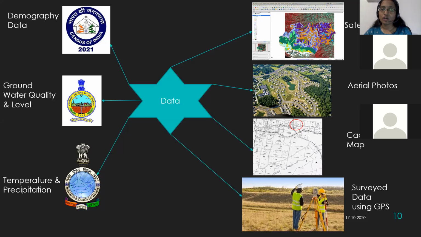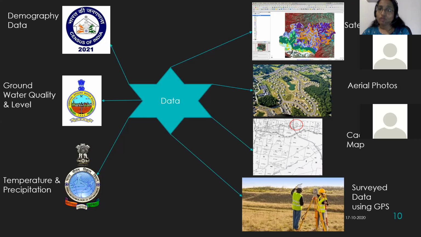If you are working with GCM models, you require a lot of data. On the other side, you require some satellite data also, if you are working on a new project by yourself in a particular city or area.